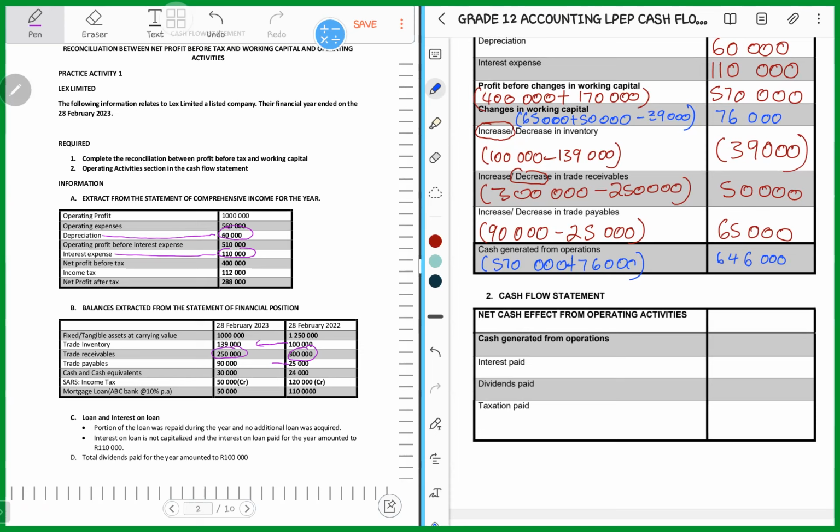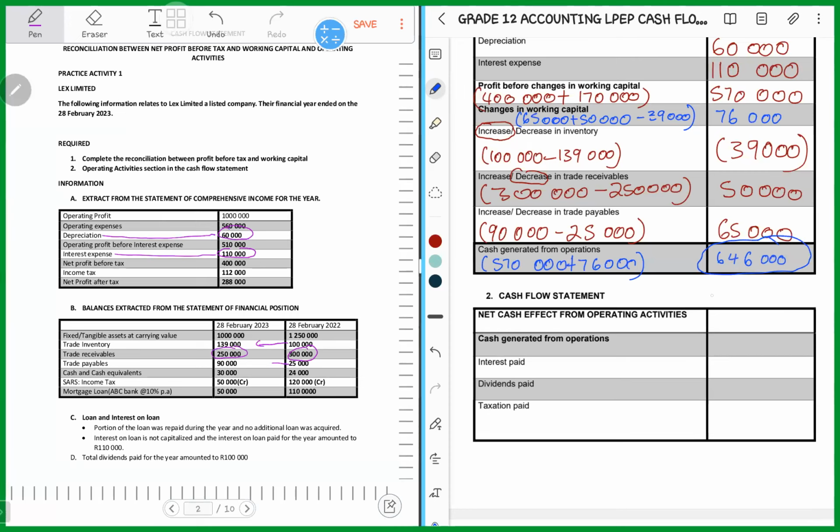So now we also have to include other activities such as paying the interest, paying the dividends, and also paying the taxes. So now we are going to transfer the amount from our note, which is the cash generated from operations.